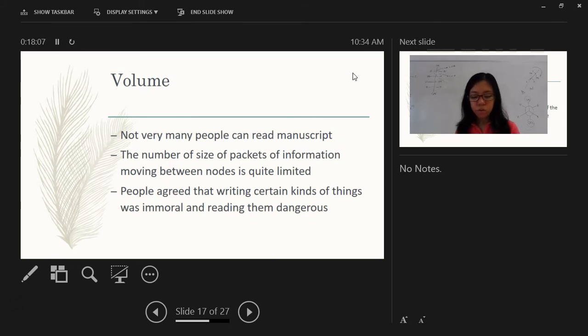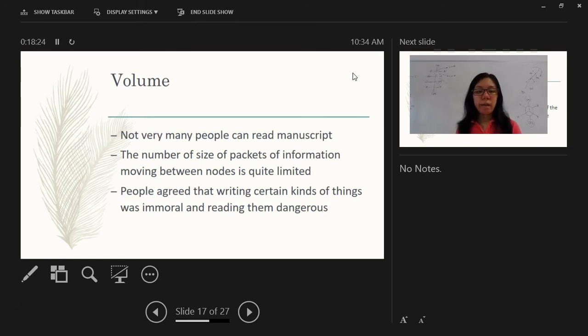The next is volume. Writing has a low volume. The capacity of a medium to carry information is determined not only by the typical length of a message, but also by the number of people who receive them.